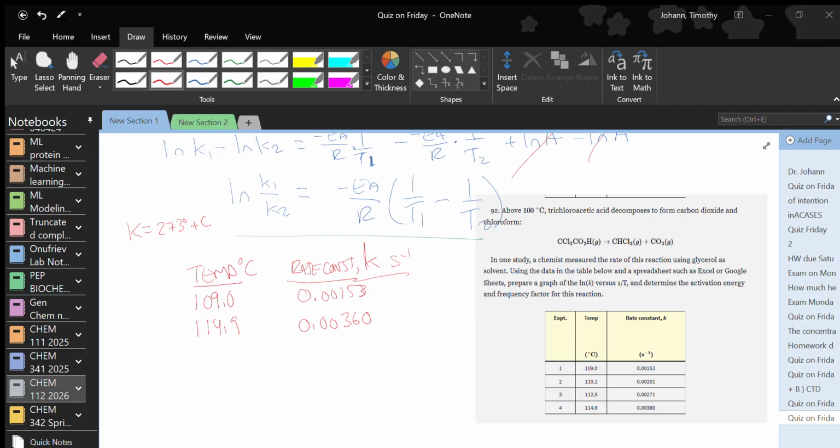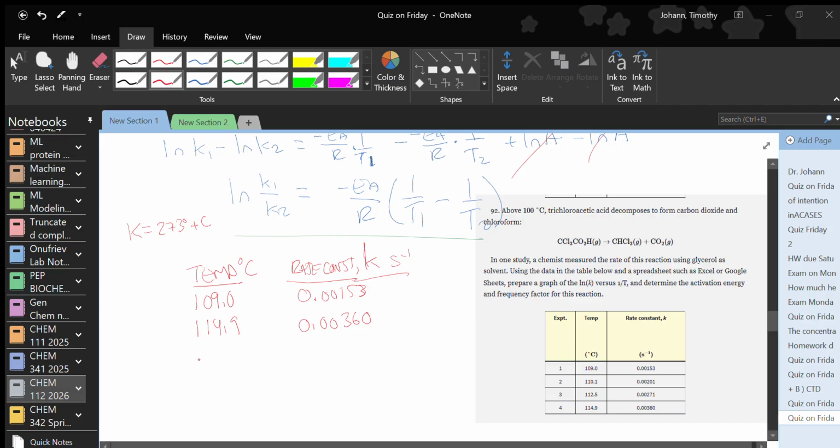Oh, yes. Let me give you the R. The R, you will always be given all the constants and all the equations. And if you feel like you've been shorted an equation on a quiz or something, or a constant or a conversion, you should ask me for it. That's the R we're using.